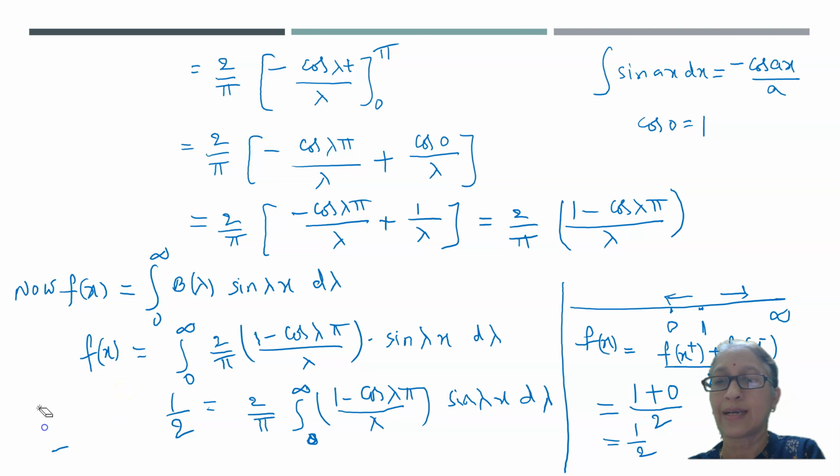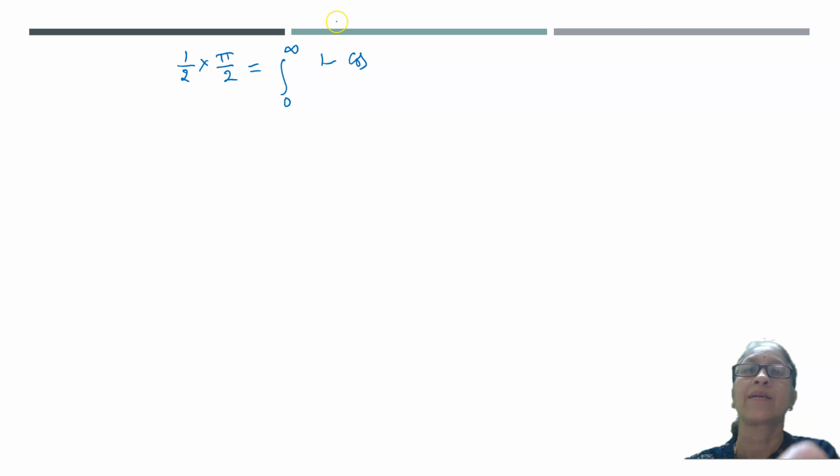Let us write on the next page. So that is 1/2 into π/2 equal to integral 0 to infinity of (1 − cos(λπ))/λ times sin(λx) dλ.